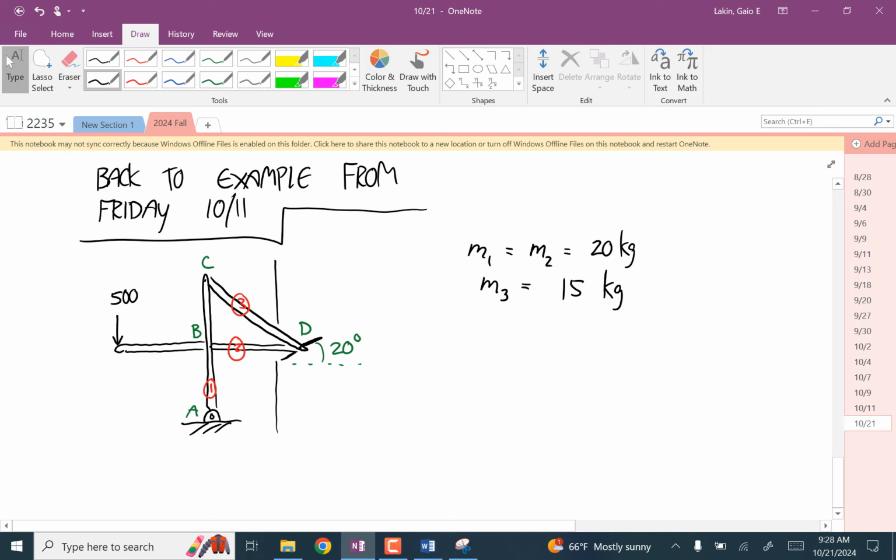Yeah, we chose that the pin was part of member 2 because that joint connects members 2 and 3, and 2 is the lowest numbered of those. And we went through already all the free body diagrams and stuff. Let's just get the answer to this. We got all the equations.